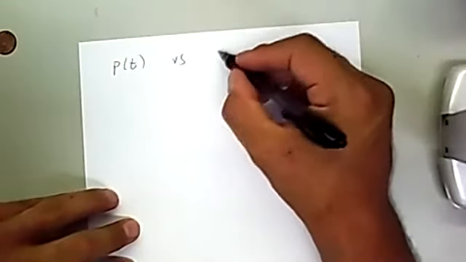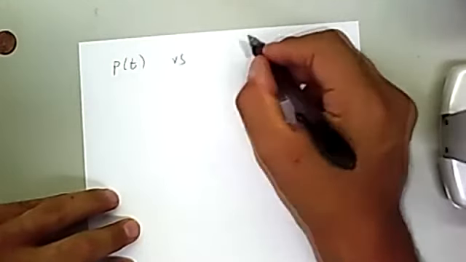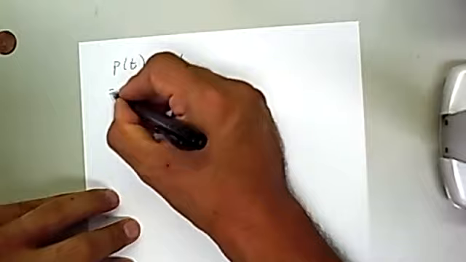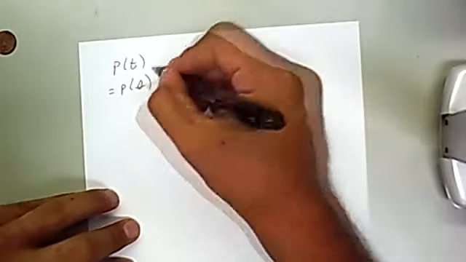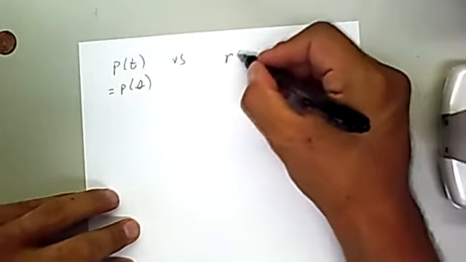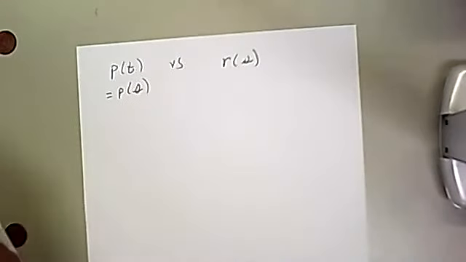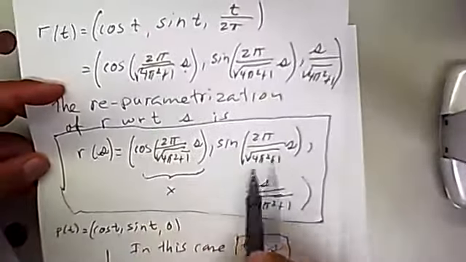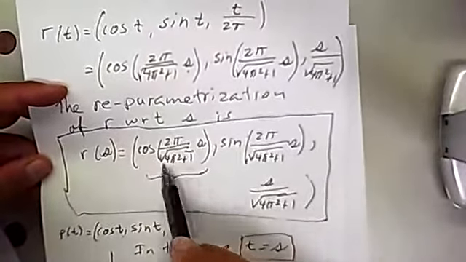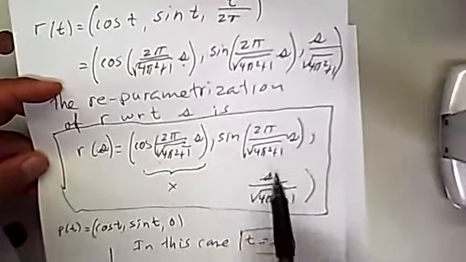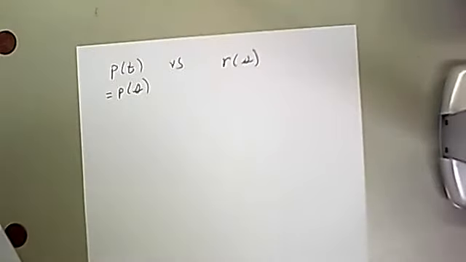P of t, by the way, P of t is the same thing as P of s, versus R of s, which is, we're still under the same example, this big, huge formula where there's the 2 pi, the s, and all that. That is the R of example 2. So we are still working with example 2.